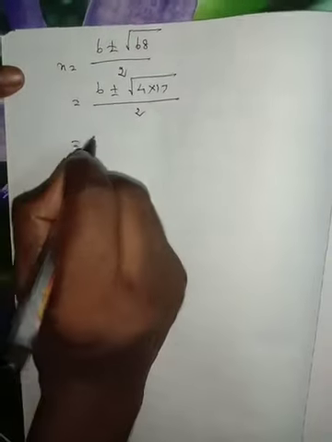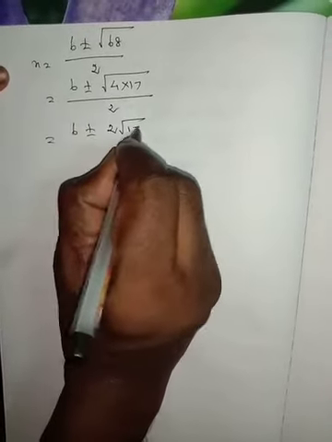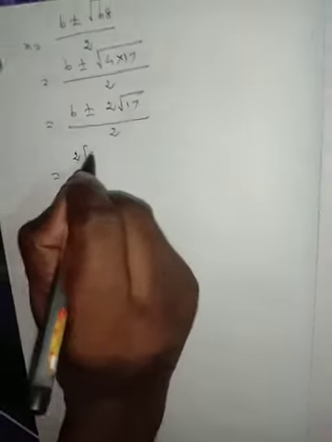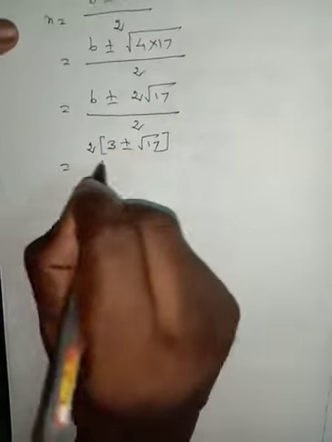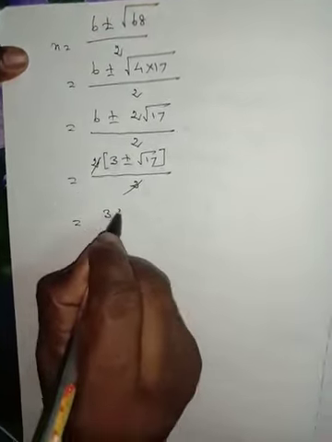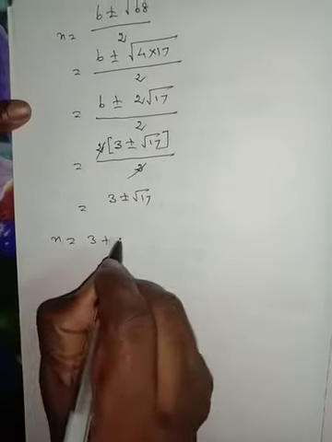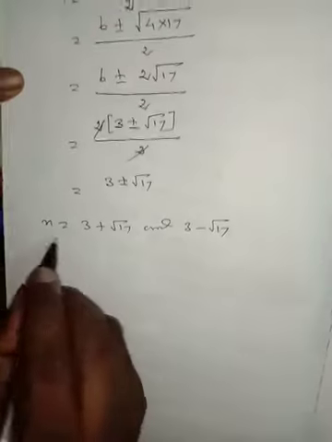Numerator 6 plus or minus 2 into root of 17 divided by 2 is equal to, 2 common, 3 plus or minus root 17 divided by 2. 2 cancels, we get 3 plus or minus root 17. x is equal to 3 plus root 17 and 3 minus root 17. Case number 2.